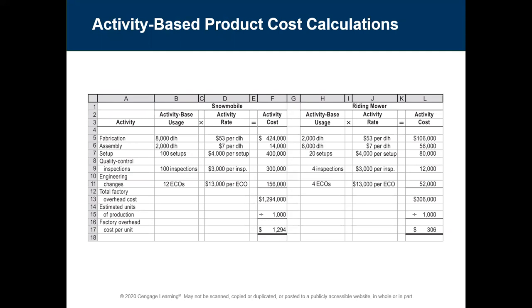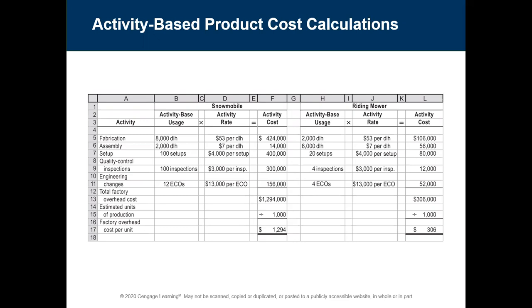So here they work it out. You can see fabrication, 8,000 direct labor hours times 53 per direct labor hour gives us a total activity cost of 424,000. Assembly, setups, quality control inspections, engineering changes, and then we get our total factory overhead costs.